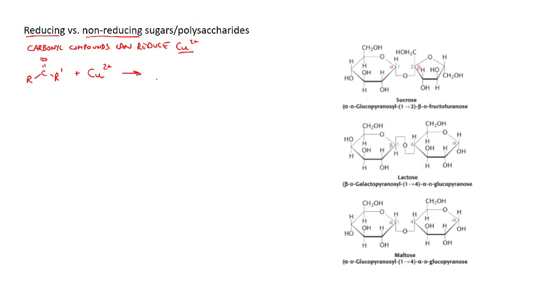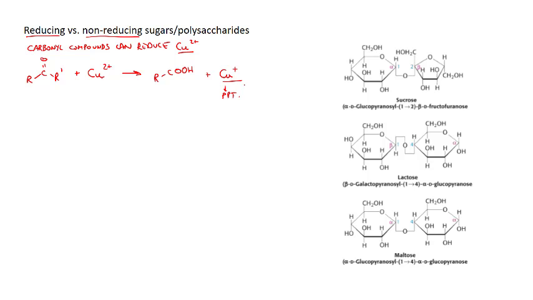What ends up happening is our carbonyl-containing compound gets oxidized to a carboxylic acid, and the copper gets reduced. And if this is done in aqueous solution, copper 1 compounds are not very soluble, so they tend to form a precipitate that settles out of solution.